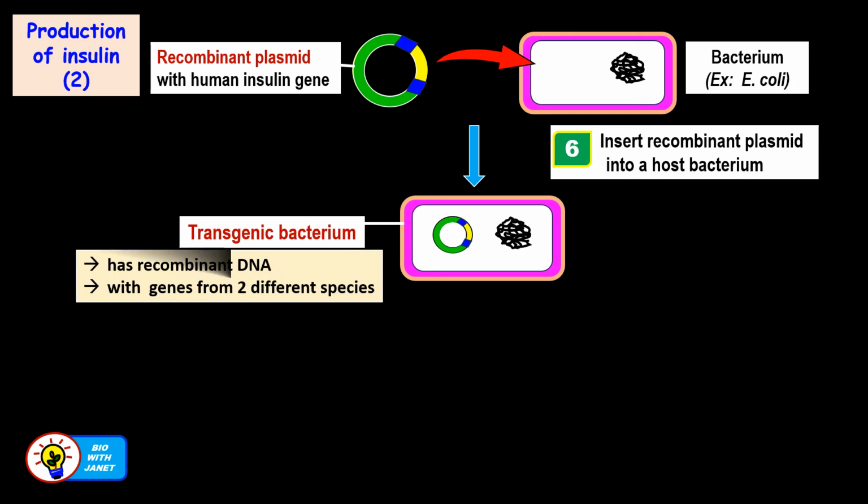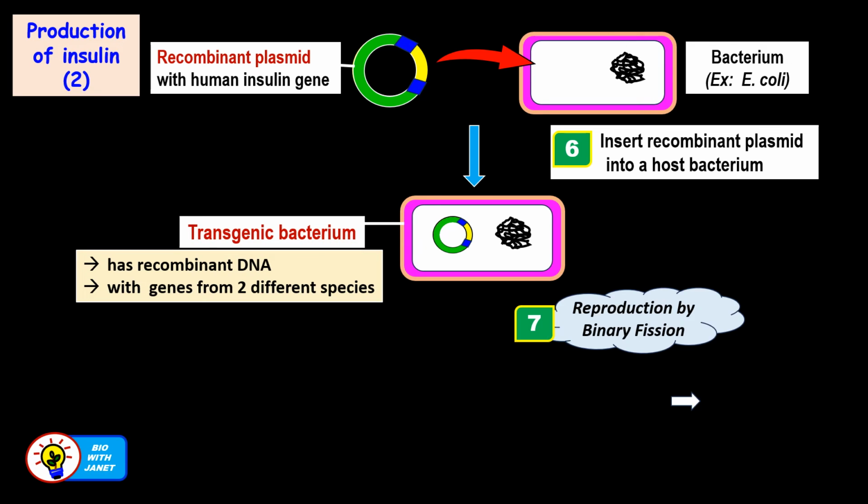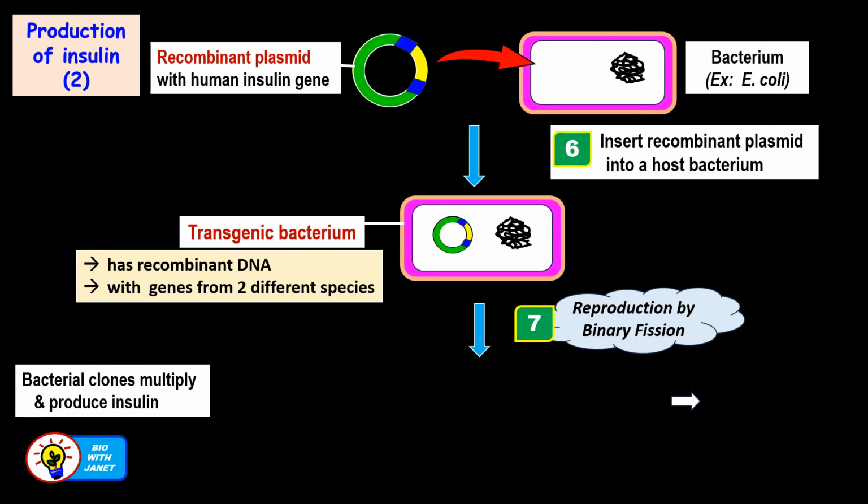All right, so a transgenic bacterium has recombinant DNA or plasmid with genes from two different species. So it's called a transgenic bacterium. Transfer the gene from one species to the other. So it has a human gene transferred into it. Then it's allowed to undergo binary fission, which is a form of asexual reproduction.